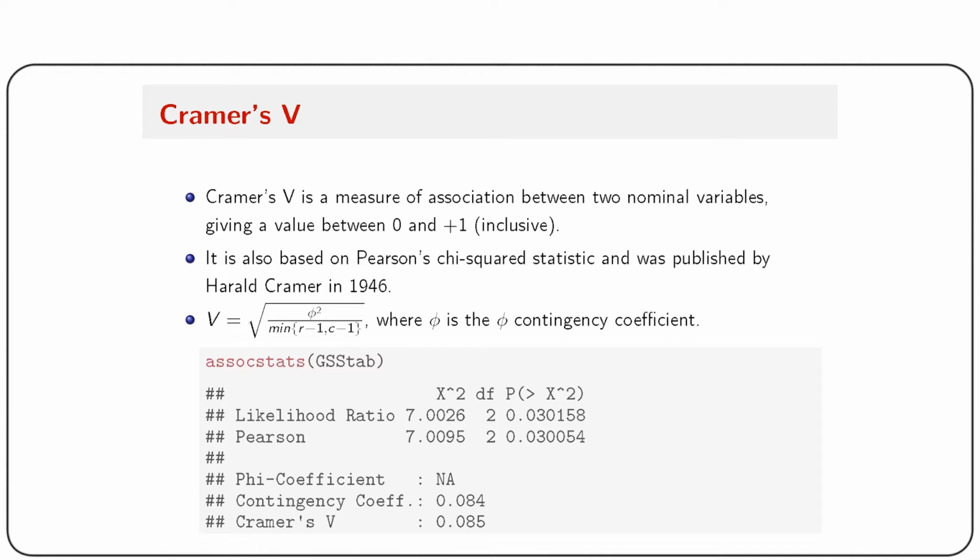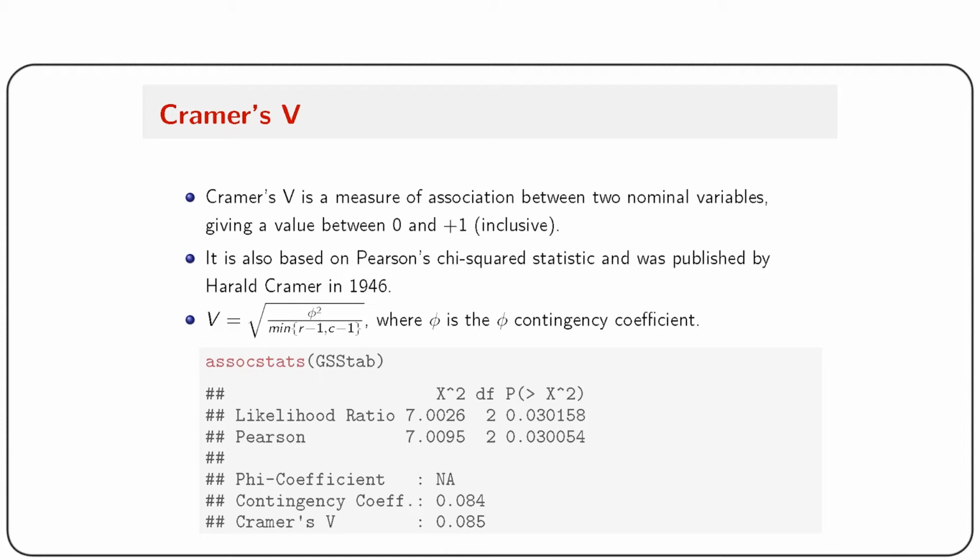So here the function that I am going to use is assocstats, and I'll pass the GSS table that we used several times earlier through this function, and it will give you the results. It shows the likelihood ratio test and the Pearsonian test, and then it also provides the three different coefficients that we learned about in the last few slides.